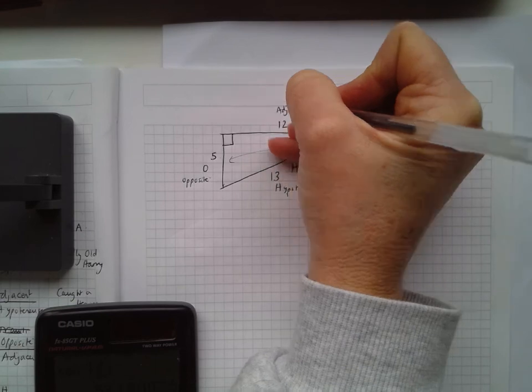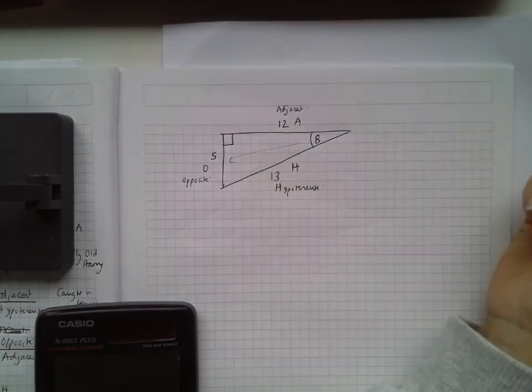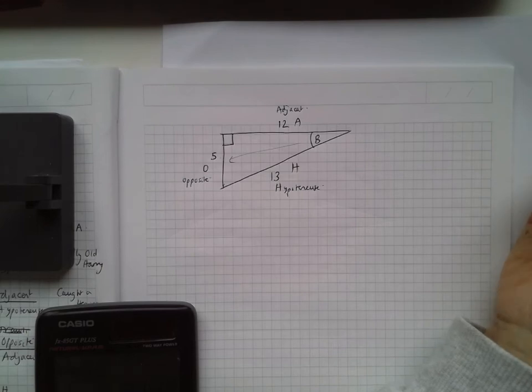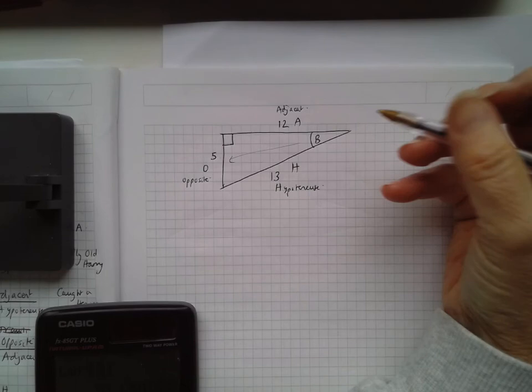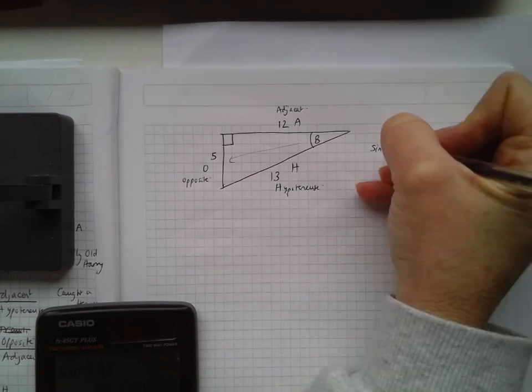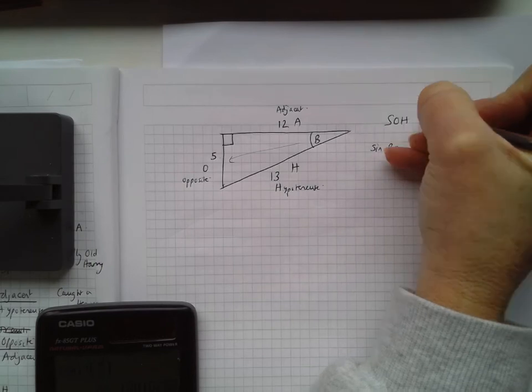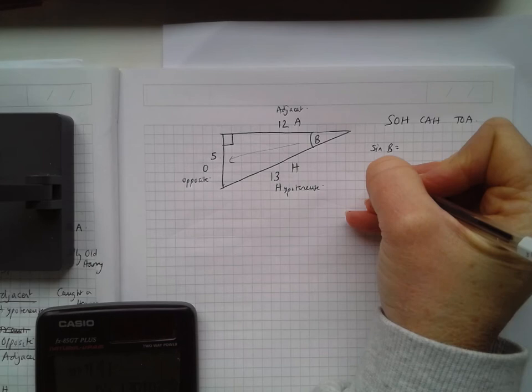Okay, so hopefully you've labeled it and you've got the same answers as me if you've chosen the same angle. So now, sine B, SOH CAH TOA. Can you write down the ratios for sine B, cos B, and tan B?